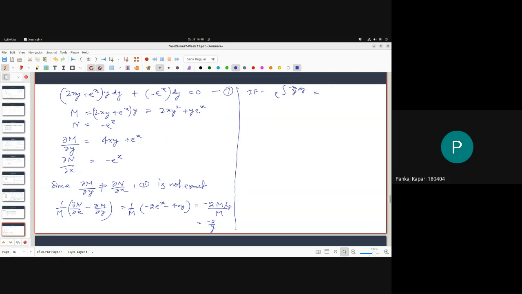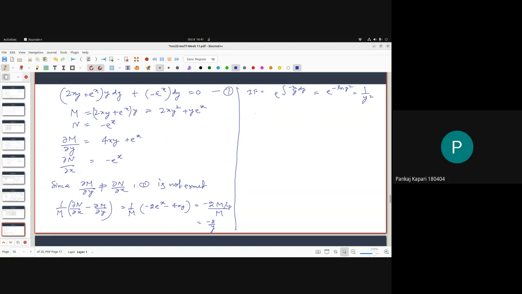So what is that? We'll have e to the power minus of ln y square, which is equal to 1 over y square. This is the integrating factor. So if we multiply equation 1 by 1 over y square, the integrating factor, then the equation becomes exact. So let's multiply equation 1 by 1 over y square.